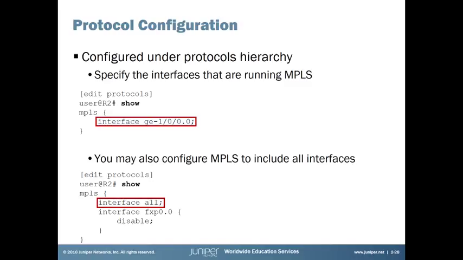So what you can do, if pretty much everything's running MPLS, you can simply put interface all and then exclude your management interface, which on these MX series routers, they all have this FXP0 interface, and that interface will not pass transit traffic.